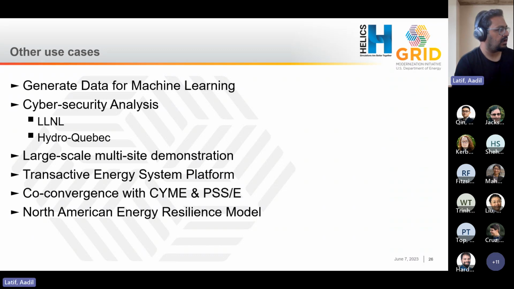Lawrence Livermore and Hydro-Quebec did a study for this as well. NREL is doing something very similar with Spectre, which is an in-house tool for communication simulation that has a Helix interface.